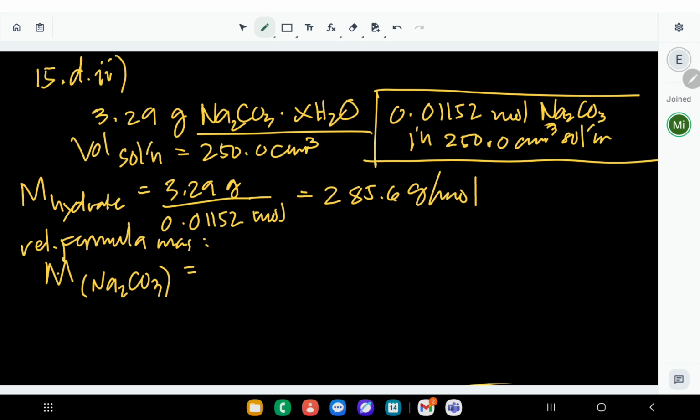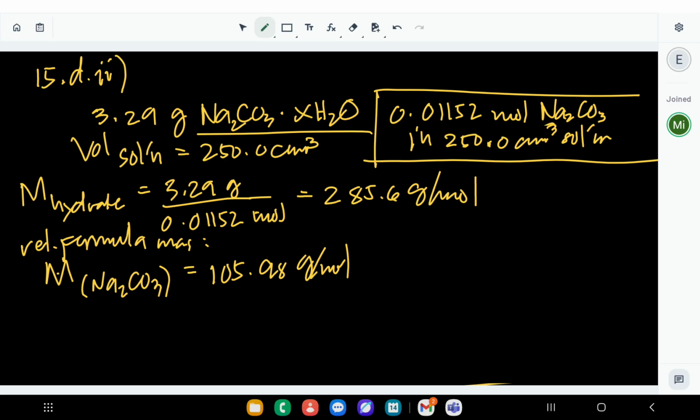So that is 2 times sodium plus carbon 12, or 2 times 23 plus 12 plus 3 times 16. So that is 105.98 grams per mole of the anhydrous sodium carbonate.